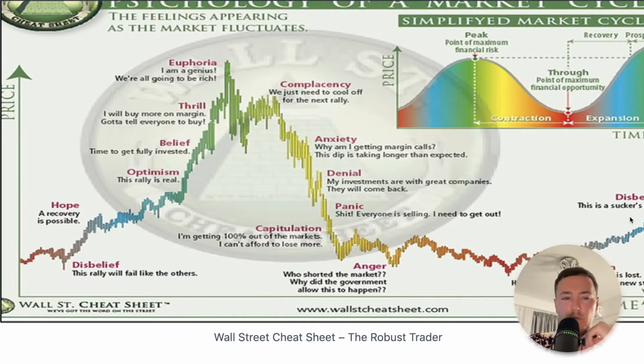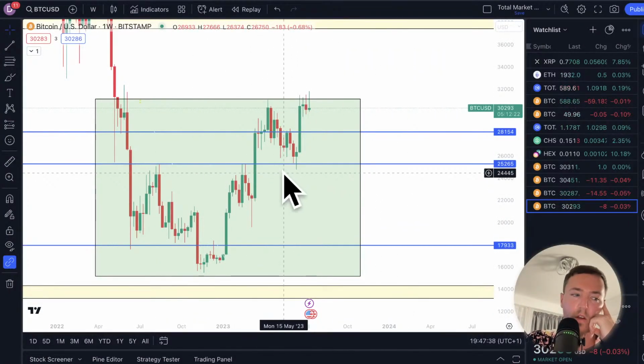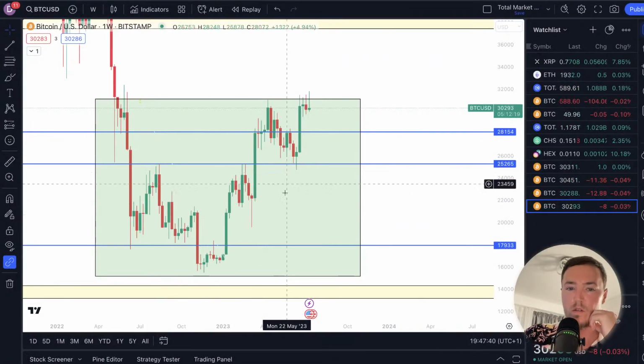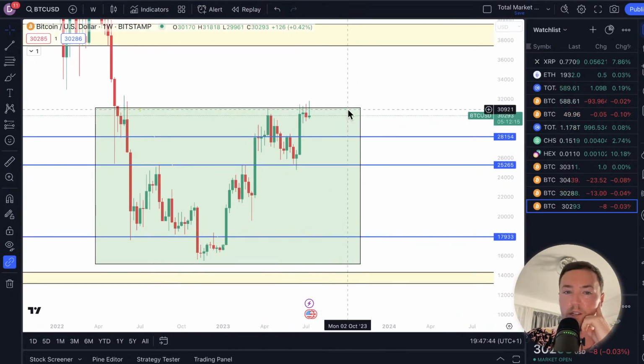I'm in disbelief because I don't believe it's real. The market is really excited and everyone's really excited, but I don't believe it because I don't see it yet, because the chart doesn't show me it yet. The chart shows me that nothing's happening. Yes, we've pumped, but we've pumped to the top of our range, and then we've hit resistance at the top of the range, and then we're coming back down again.